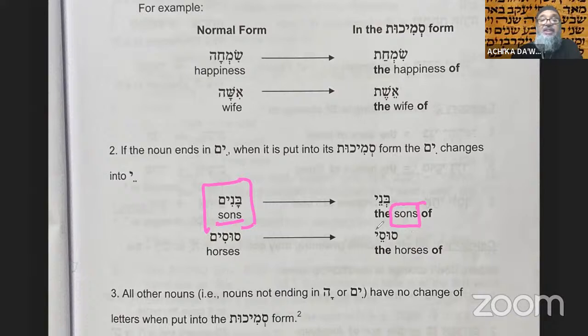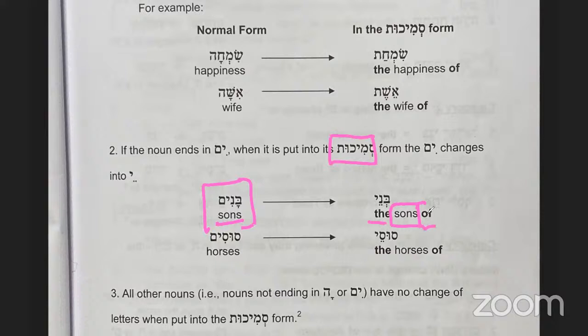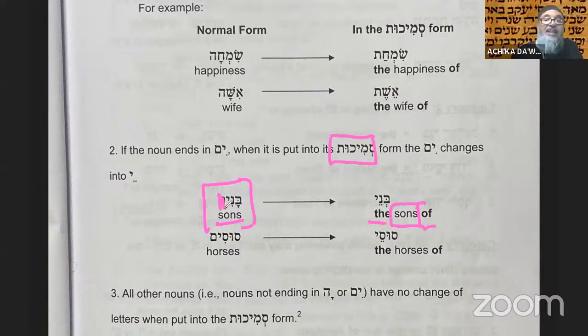The only difference is because I'm putting it into a Semi-Coup form, the construct, I got to remove this letter and I got to add another dot. It's exactly the same. So when you look at any word that has this little vowel point underneath it like that, it could be a horse, it could be a son, it could be anything. Well, what's the kicker? They all have to be masculine in order for them to have the dot like this. You understand? Let's go over it again.